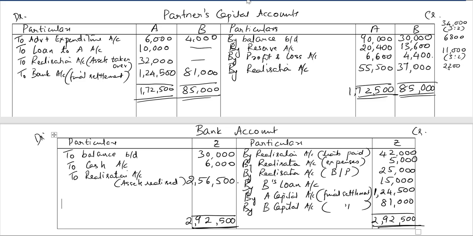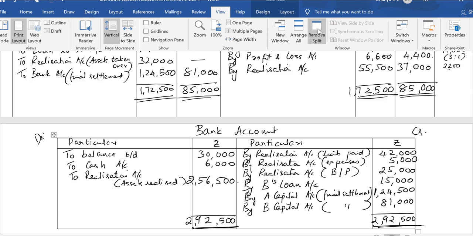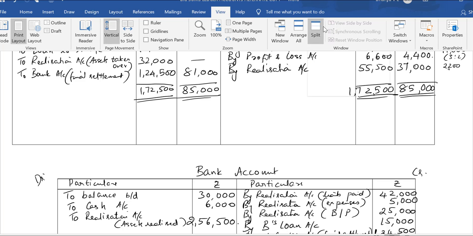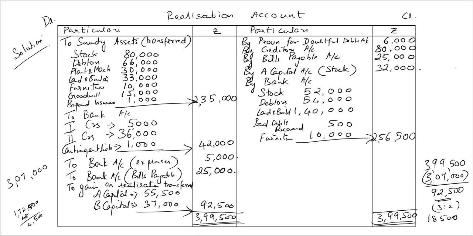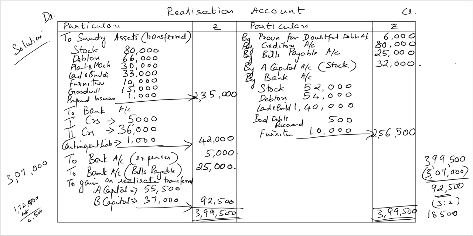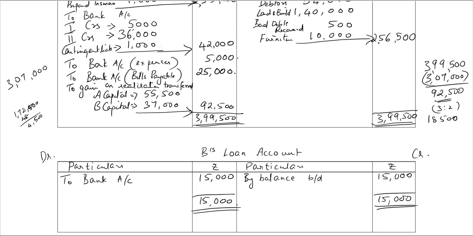I'll remove the split and we can view all the accounts together. We began with the realization account. Then we discharged the internal liability of the firm, B's loan.